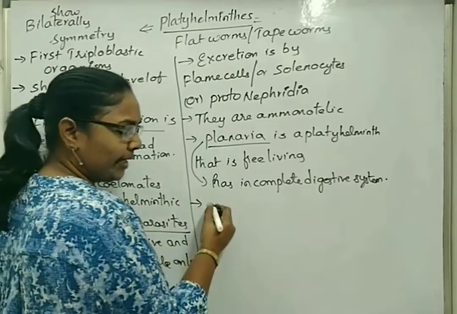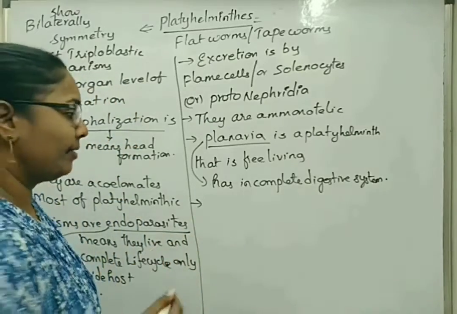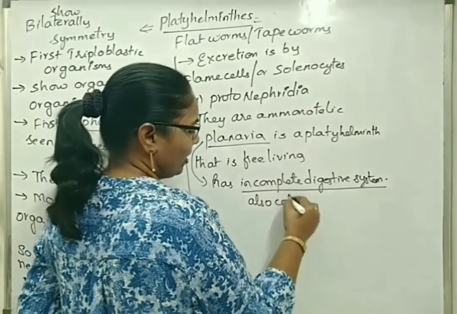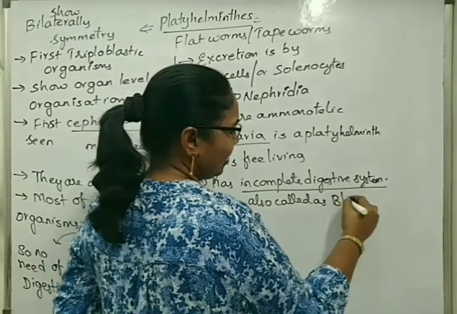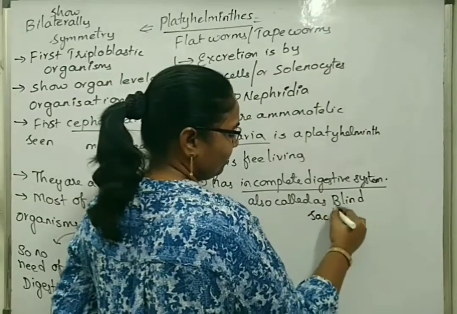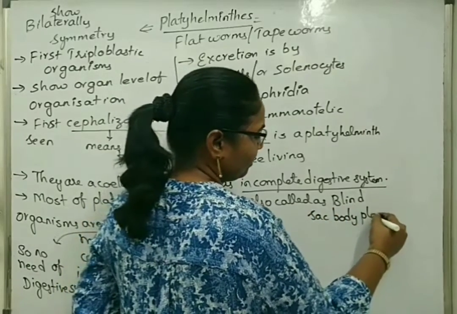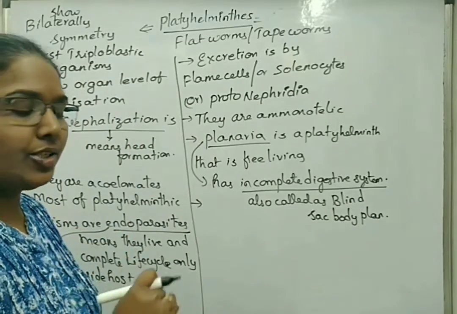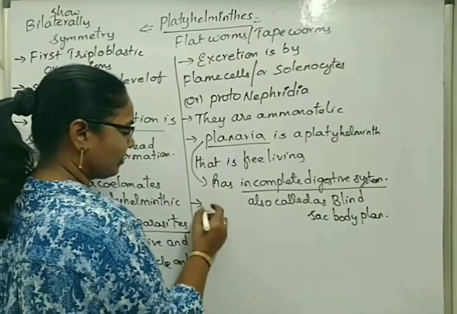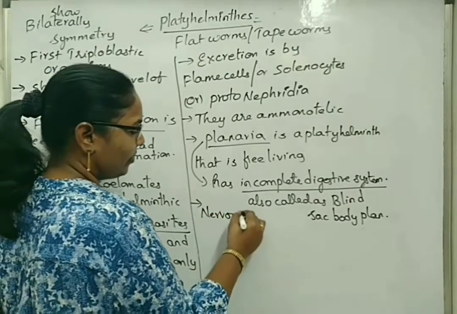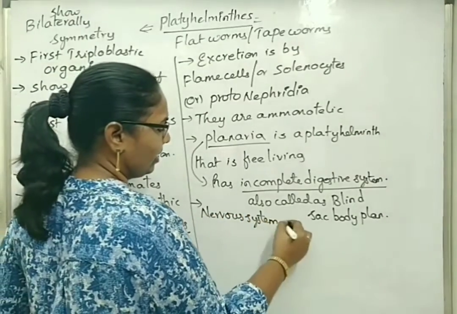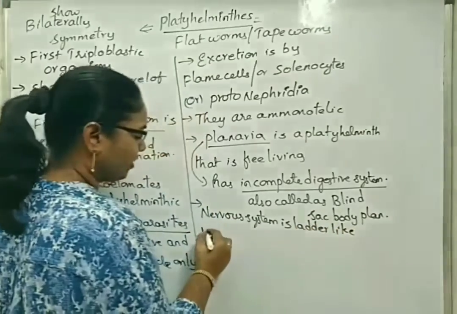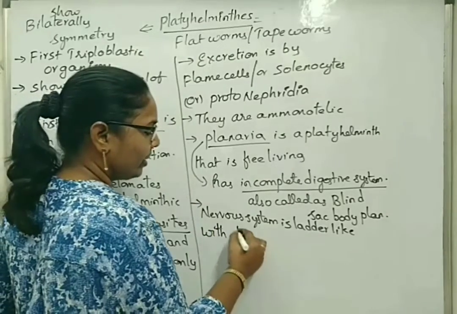So planaria has a blind sac body plan. The nervous system is ladder-like, with transverse connections between the neurons.